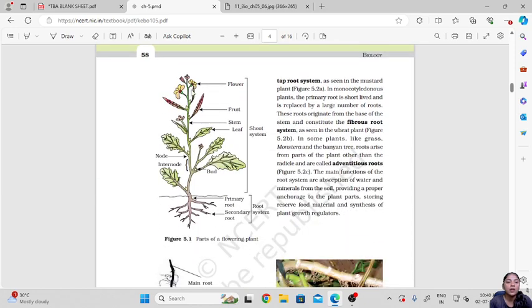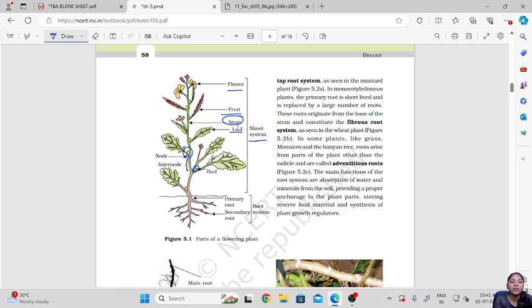So here are all of the parts of a flowering plant. In the root system we have the primary root, the main root, and then the secondary roots which arise from the primary root. Then in the shoot system we have the main stem, then leaves, then we have the fruits, flowers, the buds over here, and node and internode.